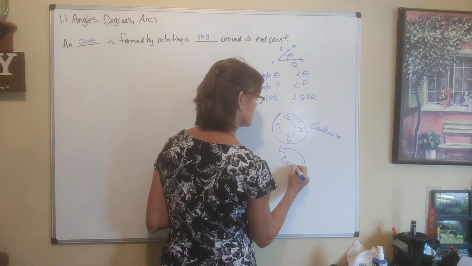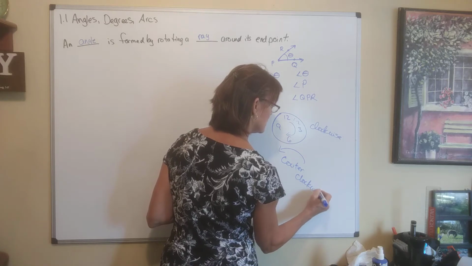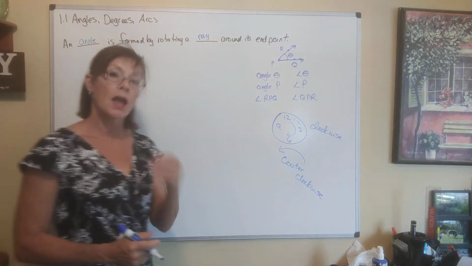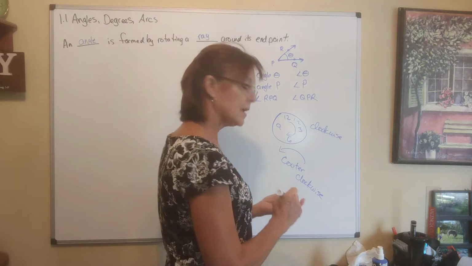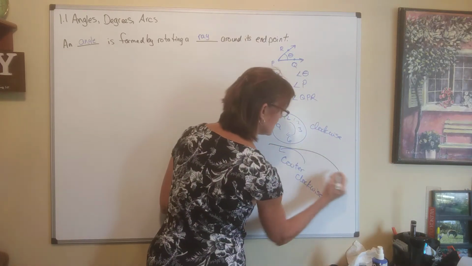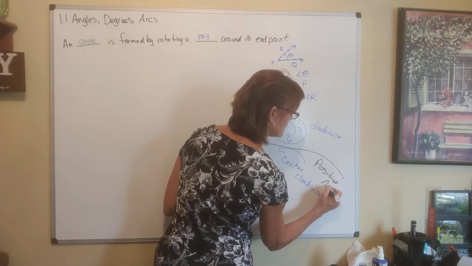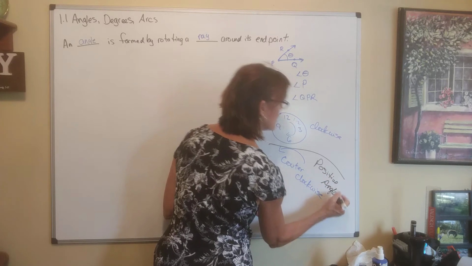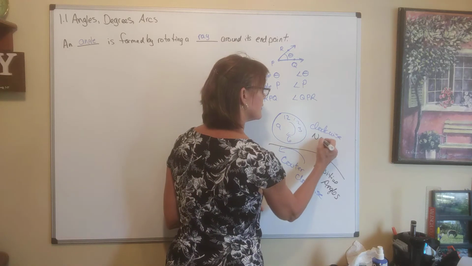This is counterclockwise. In trig, when an angle rotates counterclockwise, it is a positive angle rotation. This is positive angles. When clockwise yields a negative angle.